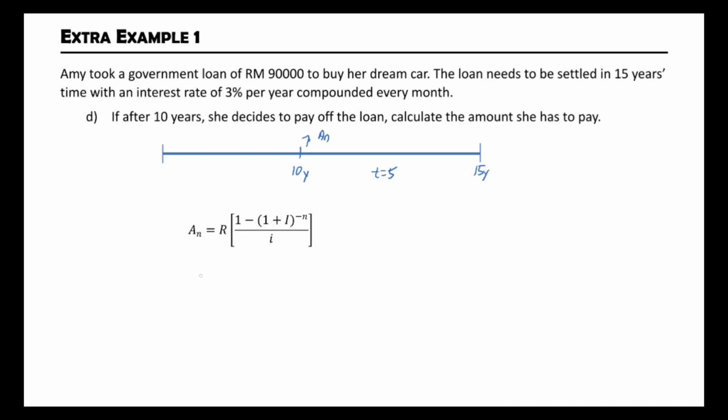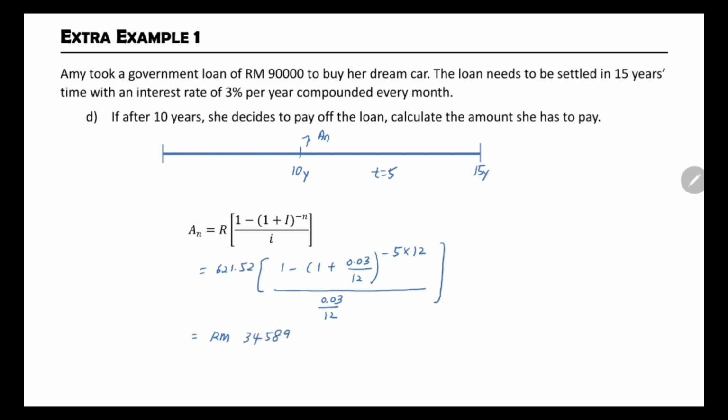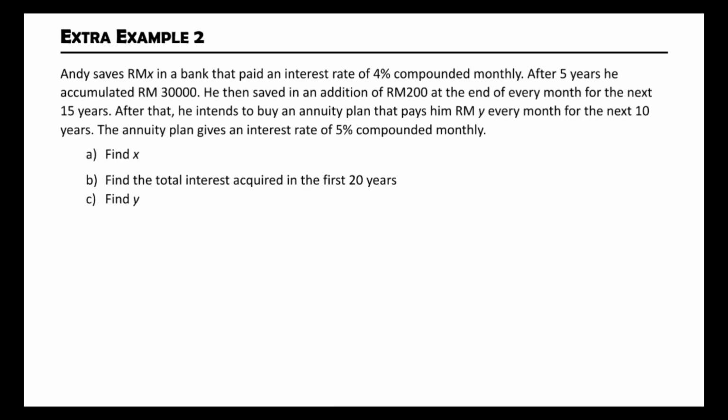AN is given as R times 1 minus (1 plus I) power of negative N over I, where R is 621.52. 1 minus (1 plus 0.03 divided by 12) power of negative remaining years, 5 times 12, over 0.03 over 12. Amount is RM 34,589.05. So the amount that she has to pay is RM 34,589.05.